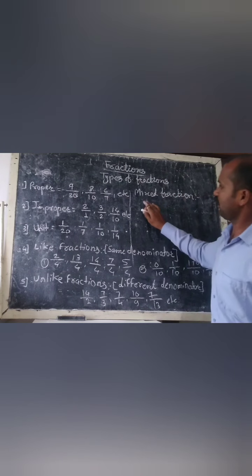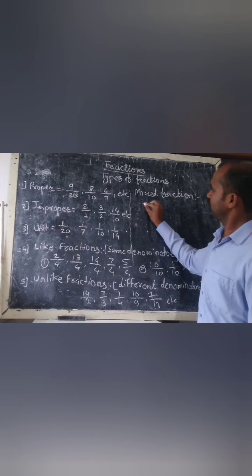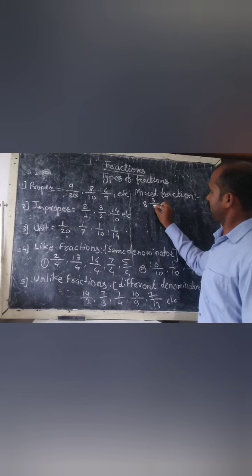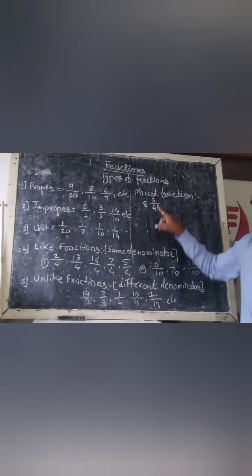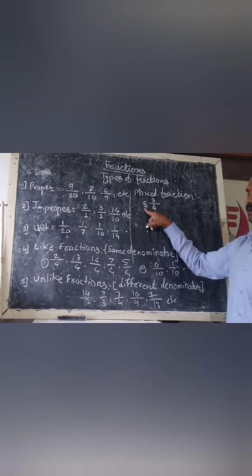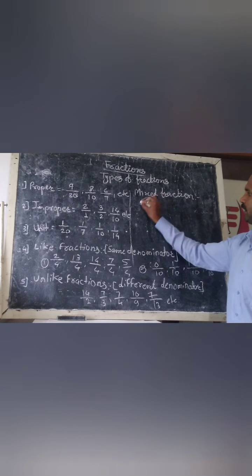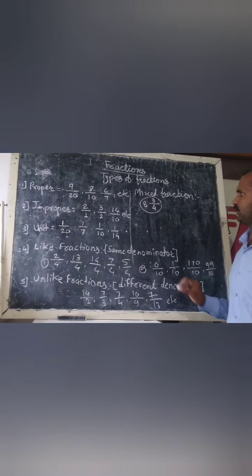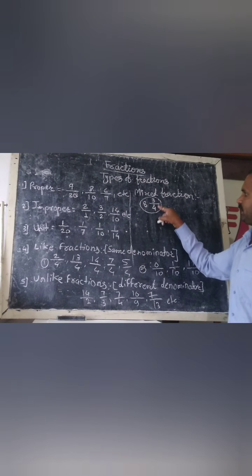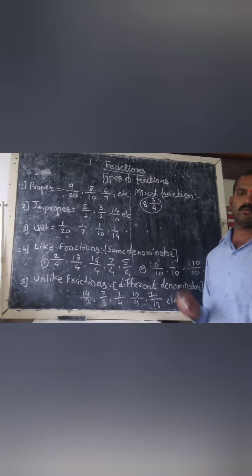An integer or a whole number, suppose 8, and 3 upon 4. One proper fraction and one integer together become a mixed fraction. We can convert this mixed fraction into an improper fraction.